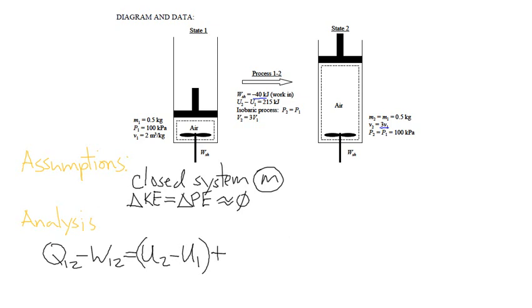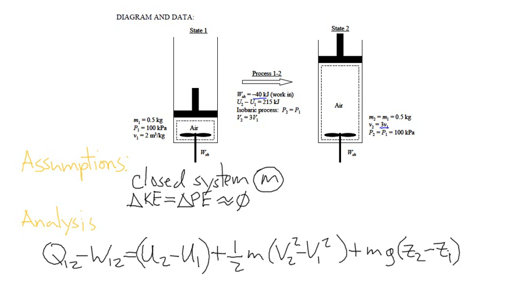Plus, well, it's our change in kinetic and change in potential energy, but we've already said that's going to be 0, but we're just going to write it out. Mass times velocity 2 squared minus velocity 1 squared, plus mass times gravity times height 2 minus height 1.